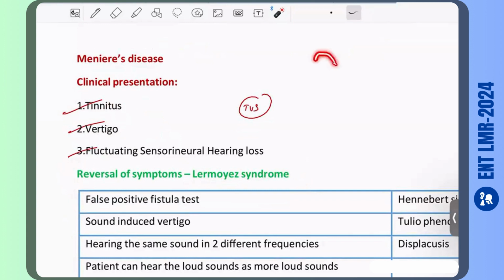This Meniere's disease is very simple. The semicircular canals, vestibule, and cochlea, this entire inner ear, is filled with endolymph. It is called endolymphatic hydrops.